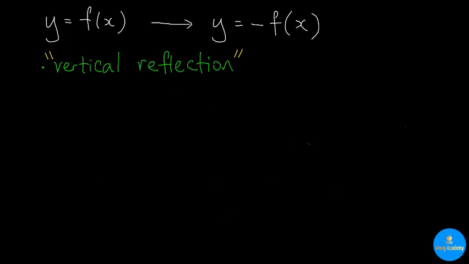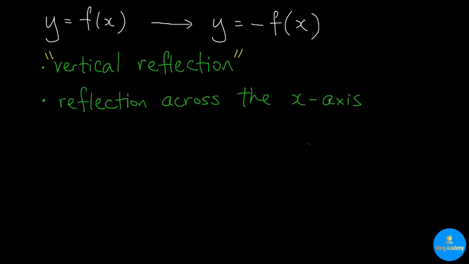The proper way to phrase it is a reflection across the x-axis. Wait a second, the x-axis is a horizontal line. How can it be related to vertical reflection? It is exactly because the mirror is now horizontal, so a point above the x-axis will be reflected to below the x-axis and vice versa, and this is a vertical transformation.